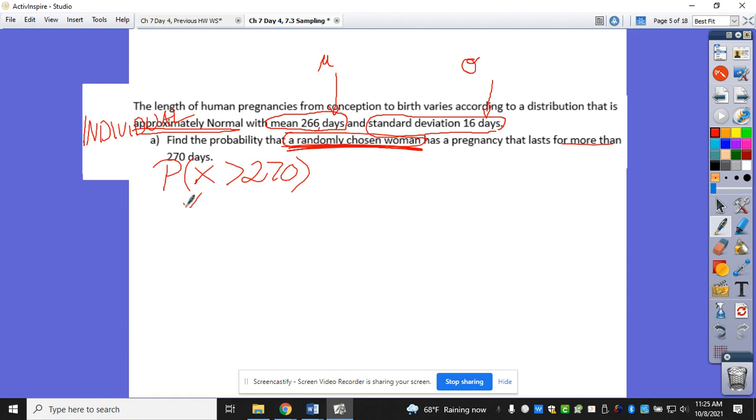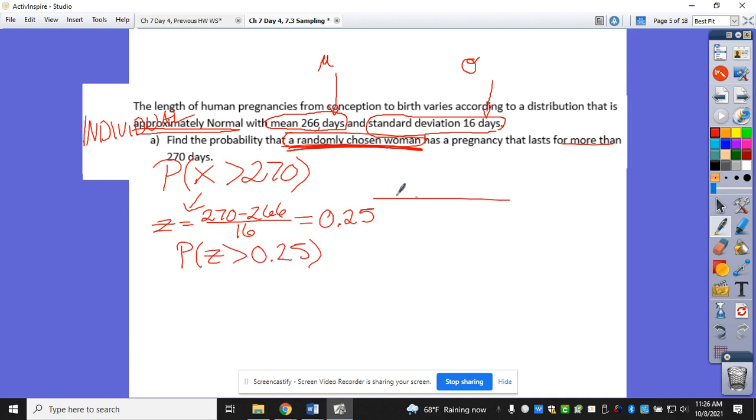So we just take this and convert it to a z-score, divided by 16. This gives me 4, 4 divided by 16, which gives me 1/4, and then 270, which gives me 0.25.